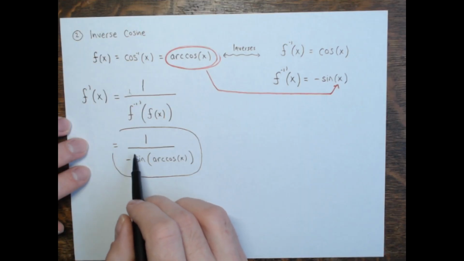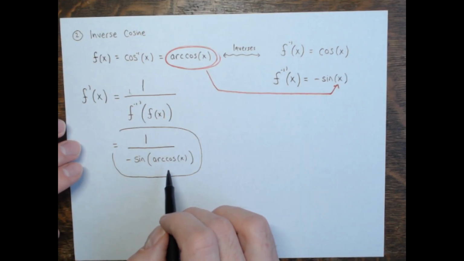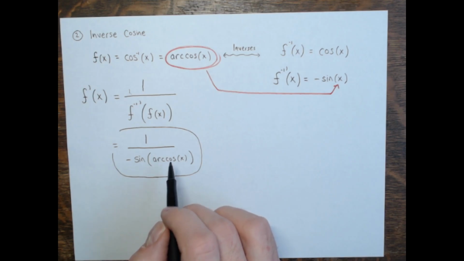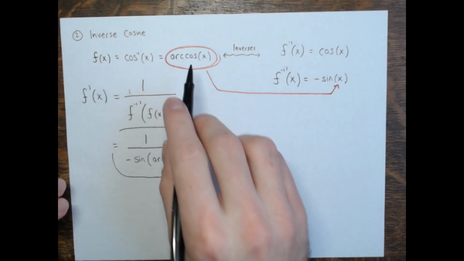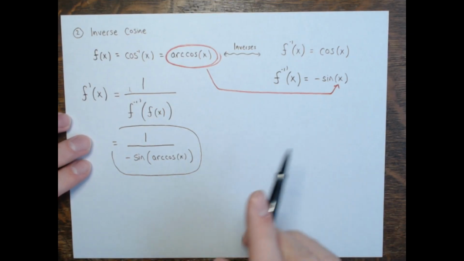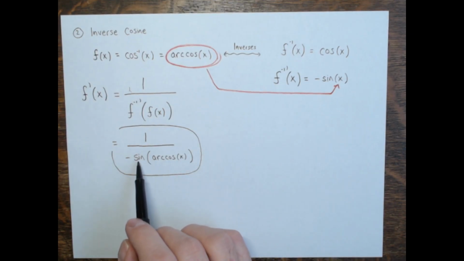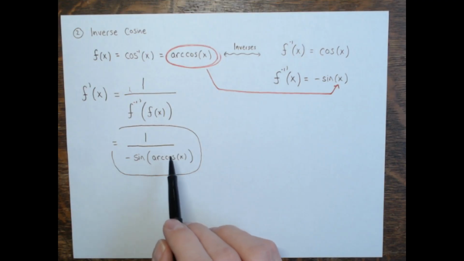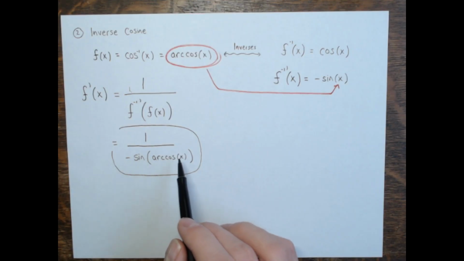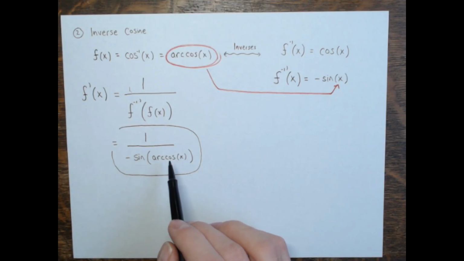Now this does represent the derivative, the slope of the tangent line to that curve we were looking at for the inverse cosine function. Just once again, you see this regular trig with an inverse trig put inside, some angle measure. Remember the inverse trigs represent an angle measure.